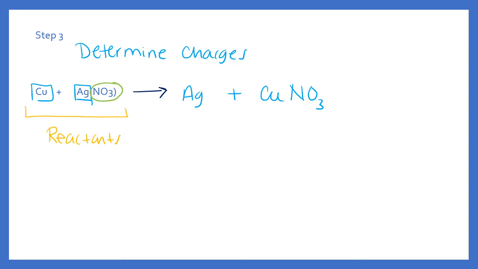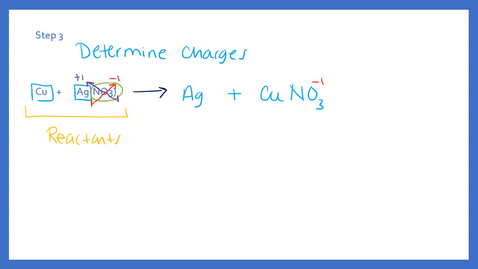So I have an imaginary 1. Let's do a different color. I have an imaginary 1 for my silver and an imaginary 1 outside for my NO3. So that means if I reverse crisscross up, my silver takes a +1 charge. And if I reverse crisscross up, my NO3 takes a -1 charge. So NO3 is a -1. Good.